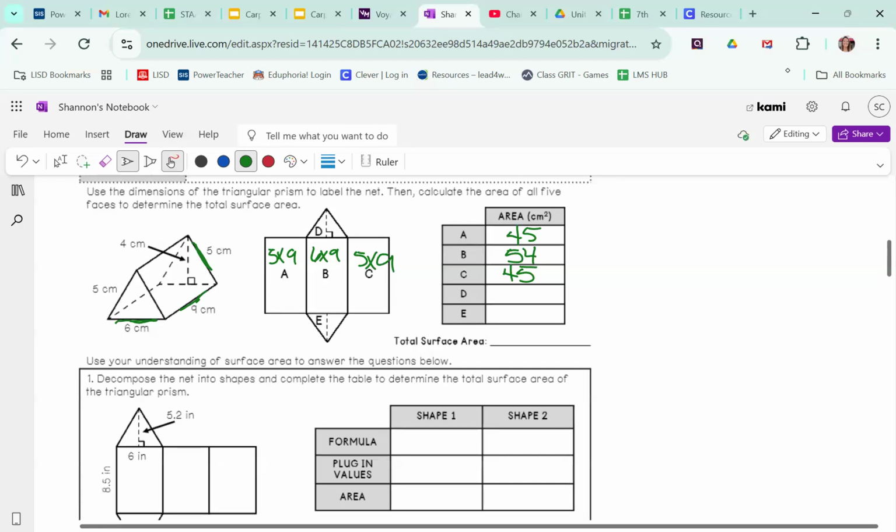So we get 6 times 4 divided by 2, which is going to give me 12. So when you add all of those up for the total surface area, you're going to get 168 centimeters squared.